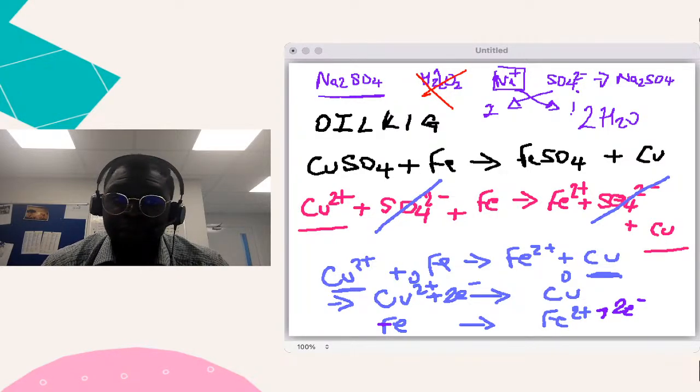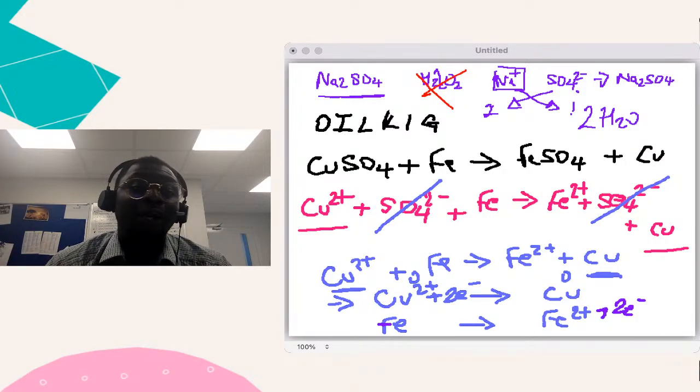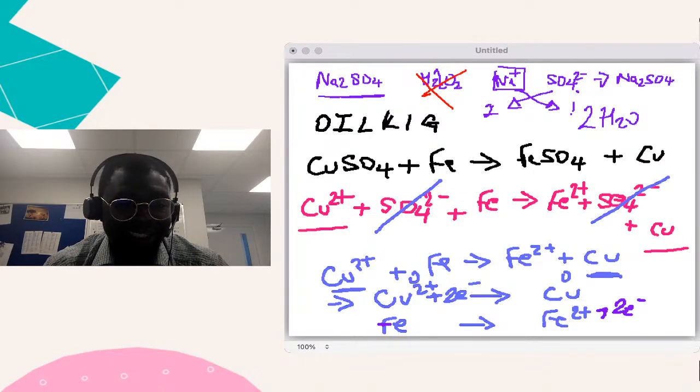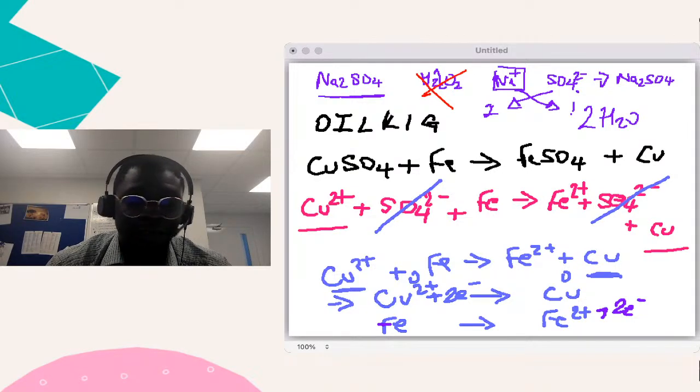Now, displacement can be defined as where a more reactive substance essentially replaces a less reactive substance. Now, like I mentioned at the beginning of the session, you can refer to the reactivity series, which details every element that you'll need to know and where they rank in terms of how reactive they are relative to one another.